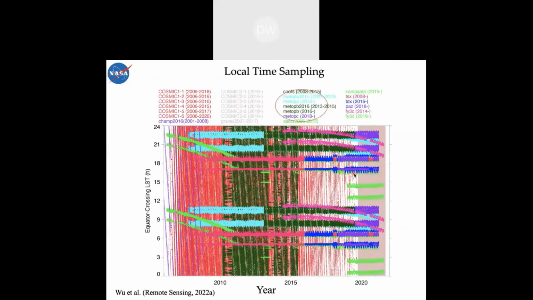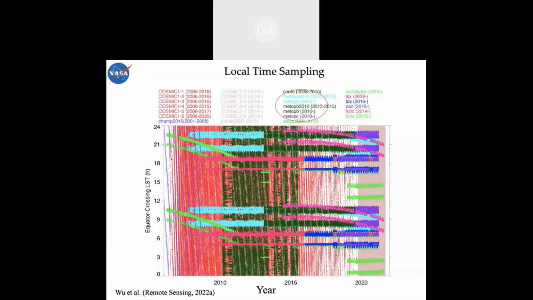This is the local time coverage, because not every satellite has full local time coverage. And this is the equatorial crossing time. You can see CHAMP is a precessing orbit, so you can get local time coverage, but gradually precessing with time. This is the other satellite type, Sun-synchronous.